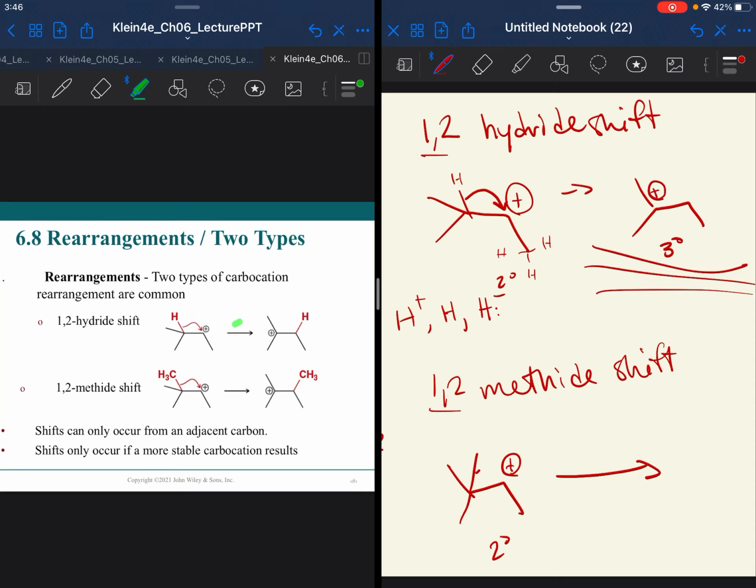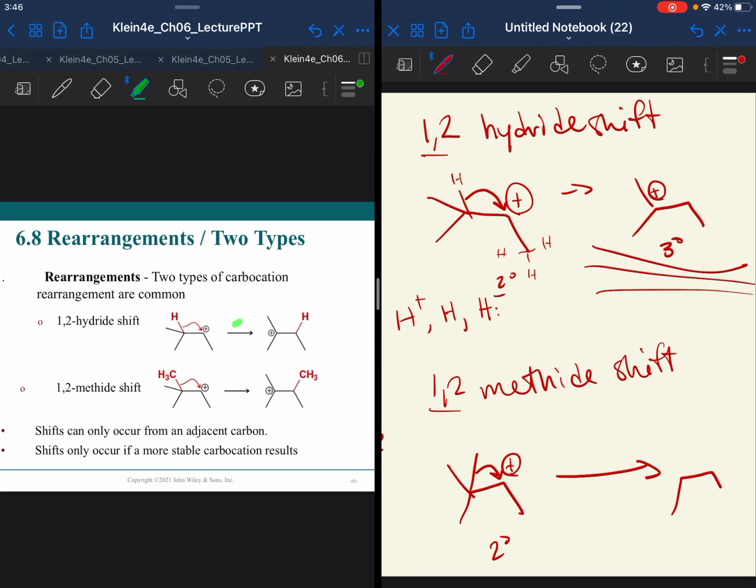There's no hydride next door that would make it more stable, but there is a small methyl group. Same thing. The electrons holding those carbons together are going to shift. You are going to shift that entire methyl group over, and you are going to have a new tertiary carbocation.